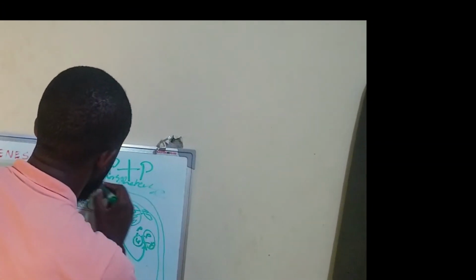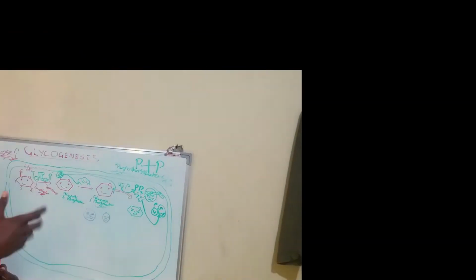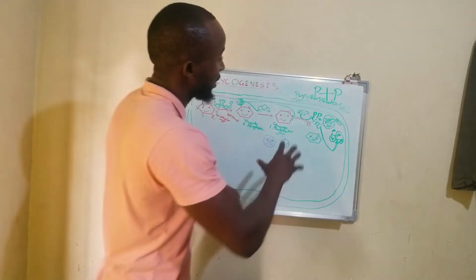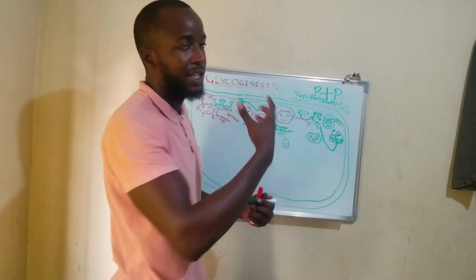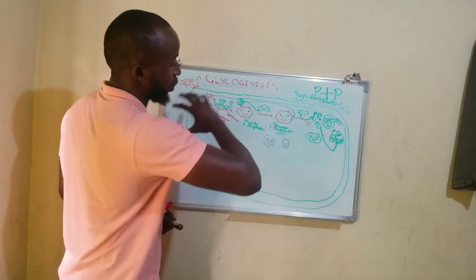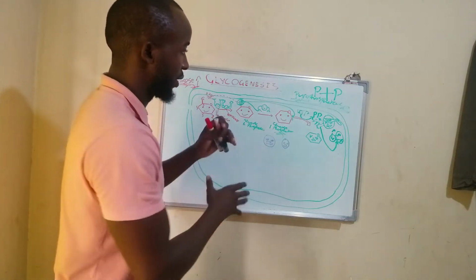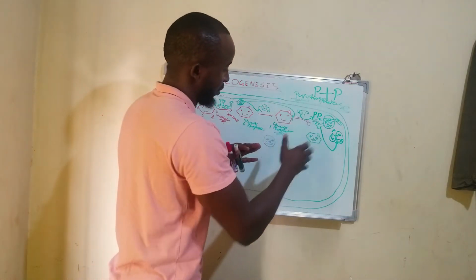What this means is that when it's broken down, this is an exothermic reaction, meaning it will release energy, and this same energy that will be released from this reaction is the energy that we're going to use subsequently to fuel the rest of the reaction. So this is why this reaction is particularly important.